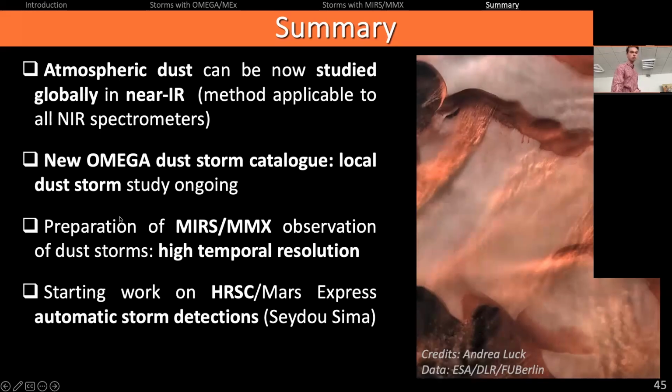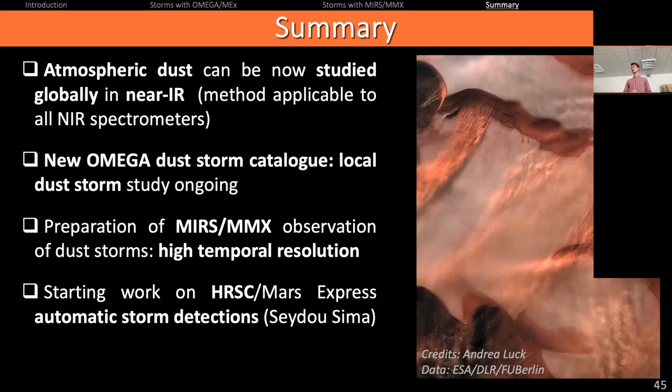We are also currently preparing the MIRS observations that will give many inputs about local dust storms, notably trying to catch the formation and the evolution of dust storms at high temporal resolution and high spatial resolution.